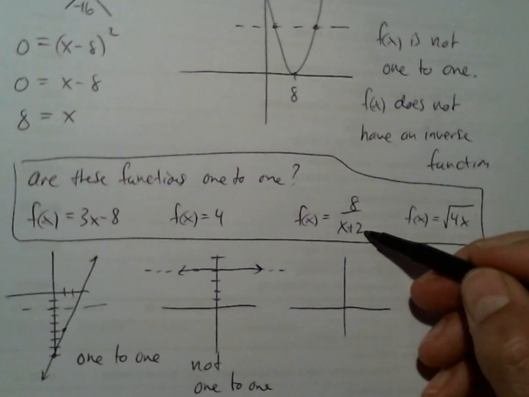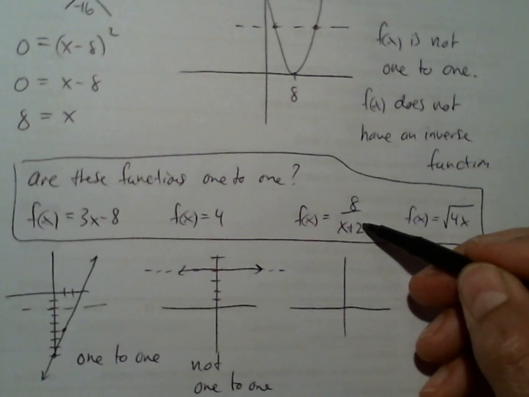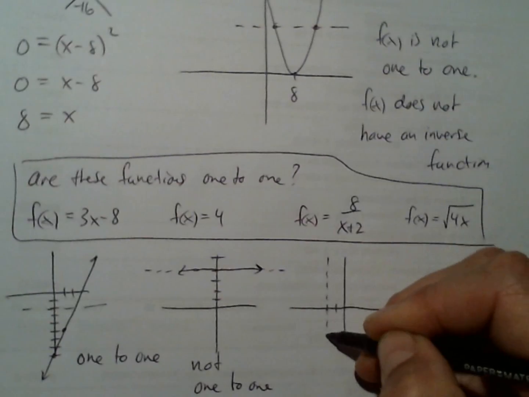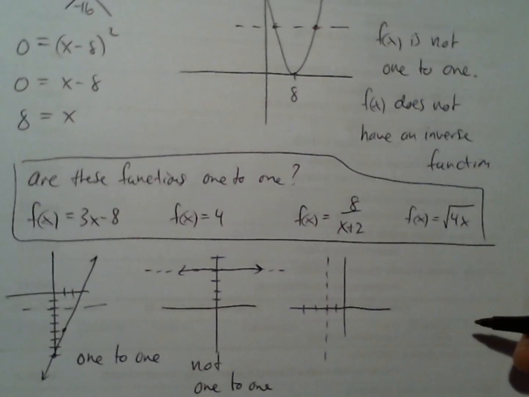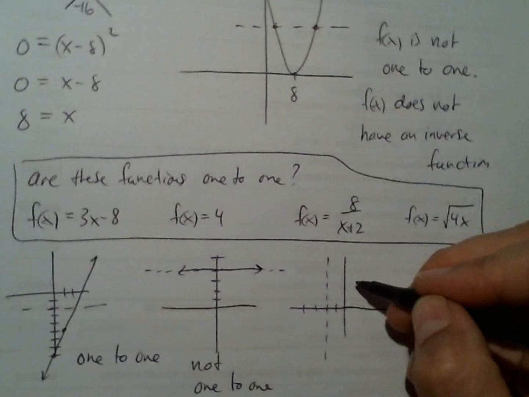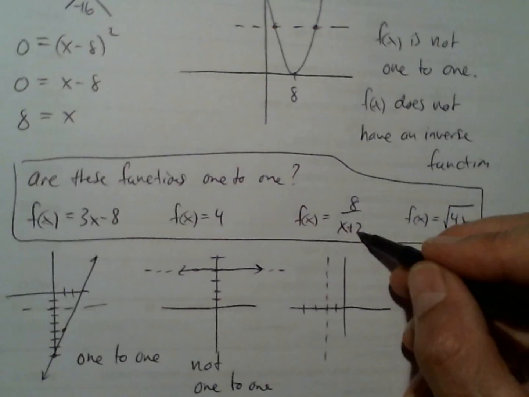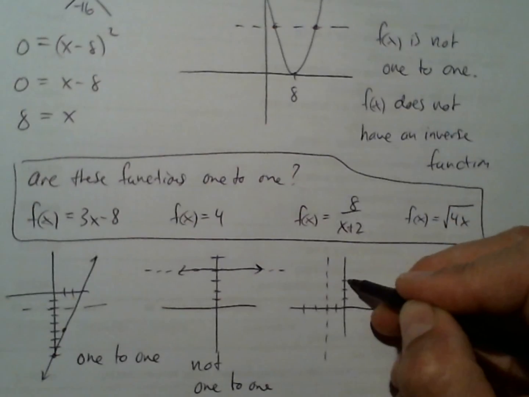Okay, this is rational, and it got shifted to the left too. So we'll have a graph like that. If we plug in a 0, we know the y-intercept is 4.